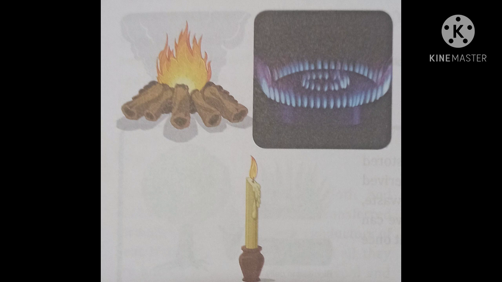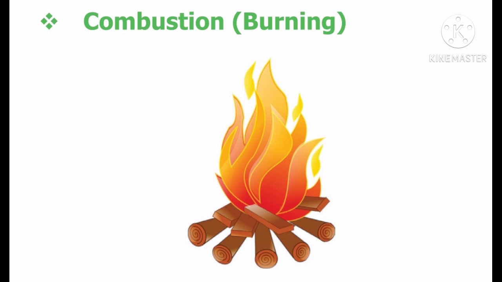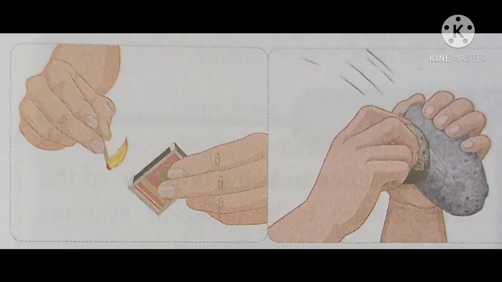This process by which fuels generate heat energy is known as combustion. So combustion is nothing but producing heat energy by burning substances. In combustion, chemical energy is converted into heat energy.